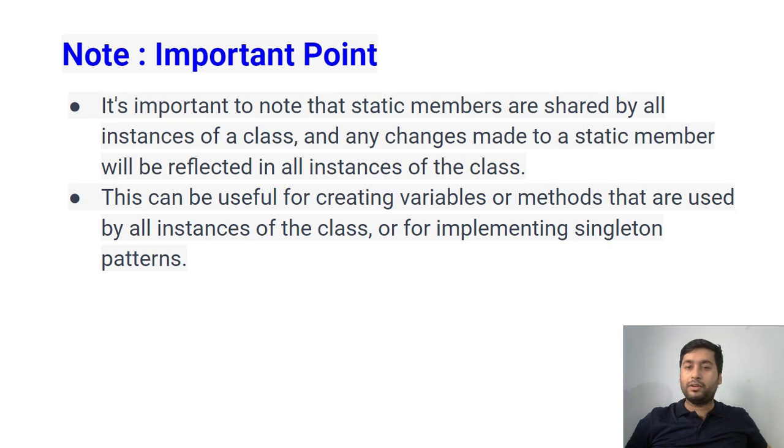Even if you create 50 or 1000 instances, the static variables will remain the same for all of them, and any change made to a static member will be reflected in all the instances of the class. This can be useful for creating variables or methods that are used by all instances of the class, or for implementing the singleton pattern.